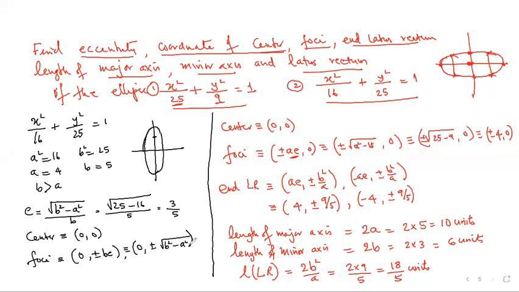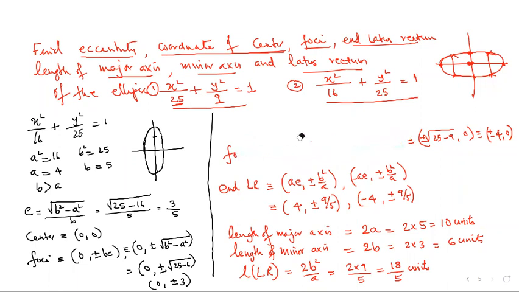So you take the root of the difference, bigger number minus smaller number. So 0, plus or minus root of 25 minus 16. So 0, plus or minus 3. Any doubt, please ask.